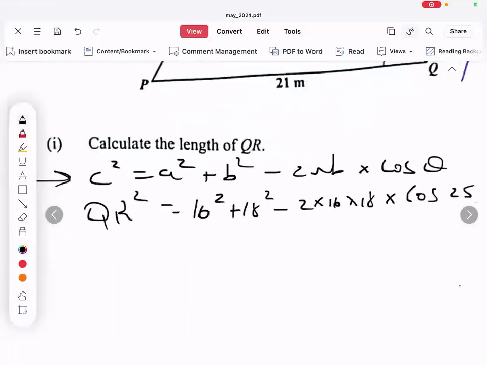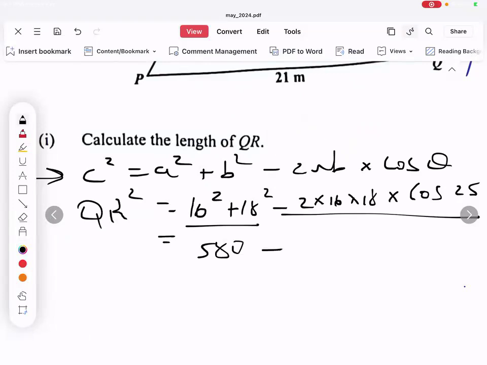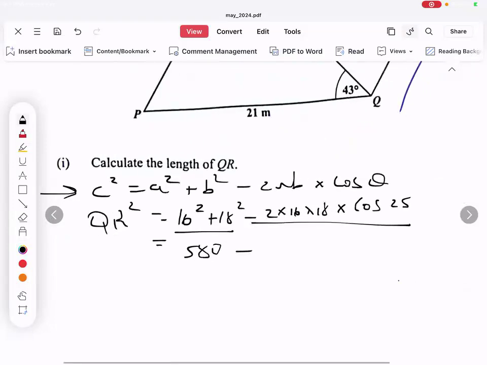All right, so go on your calculator now and work out these two here one time, and then work out all of those one time. So it's 16 squared plus 18 squared. That's 324 plus 256. It's 580. 518 or 80? 80. Correct. All right, and go ahead and multiply 2 times 16 times 18 times the cosine of 25 one time. Should get a negative number.